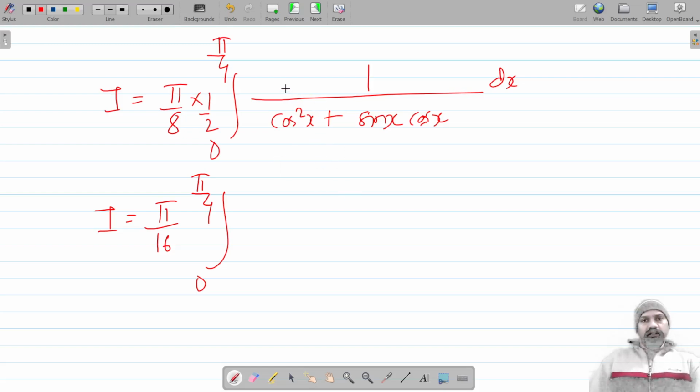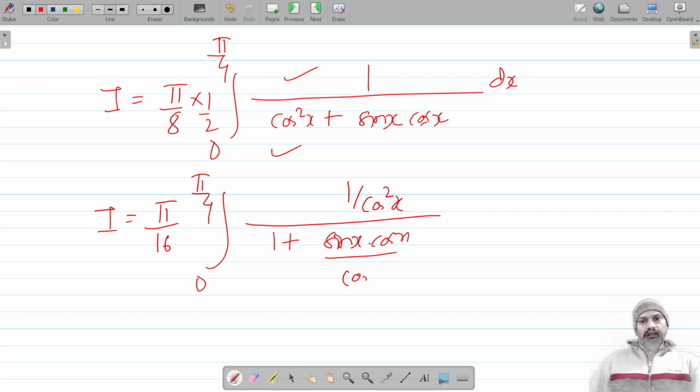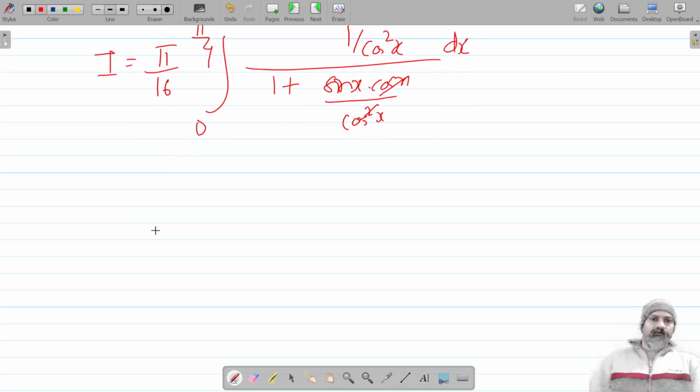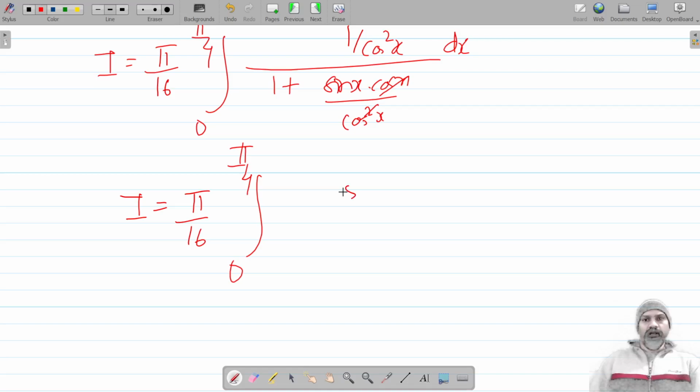Now let's divide the numerator and the denominator by cos square x. So this is 1 by cos square x in the numerator, and the denominator becomes 1 plus sine x by cos x.